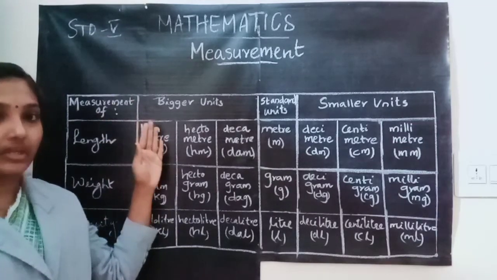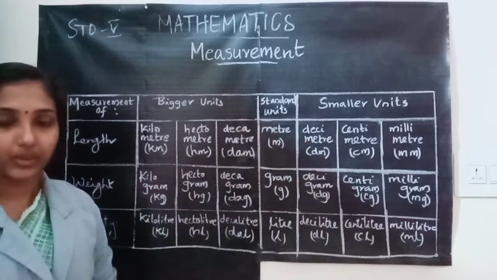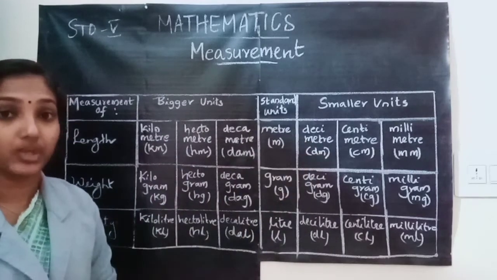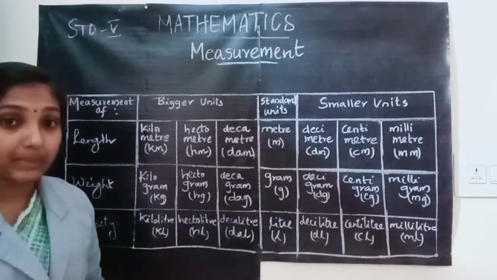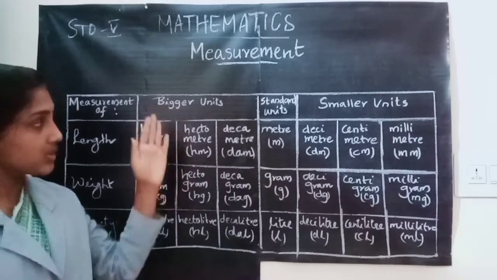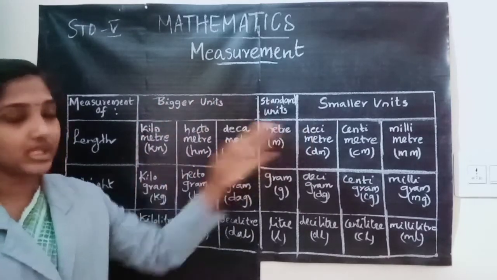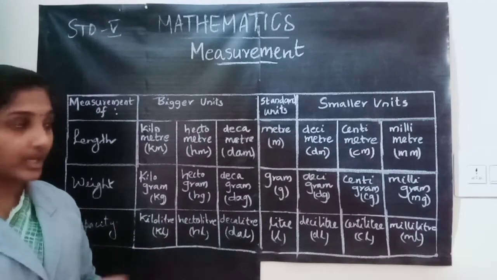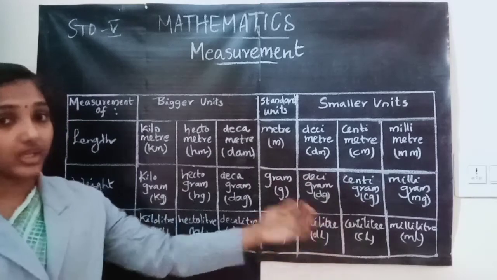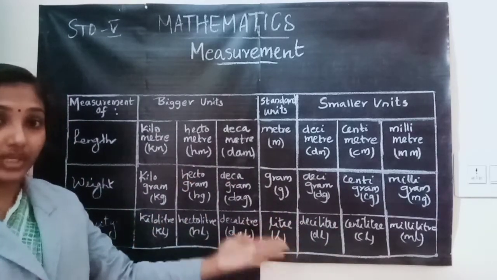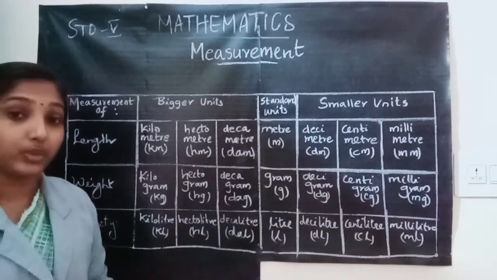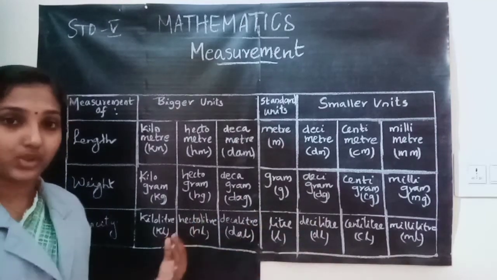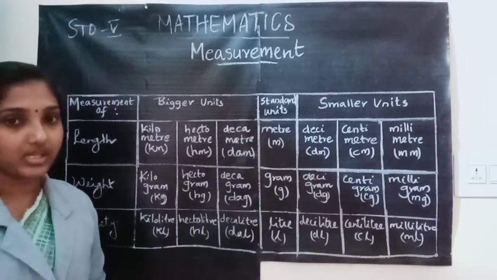Starting from the bigger units, it goes to the smaller units. So to convert a bigger unit into smaller unit, we always do the operation multiplication. And to convert a smaller unit into bigger unit, we do the operation division.